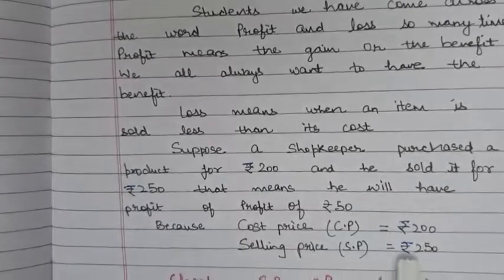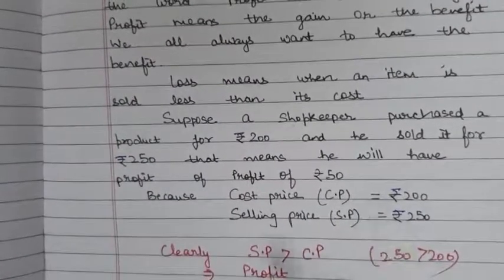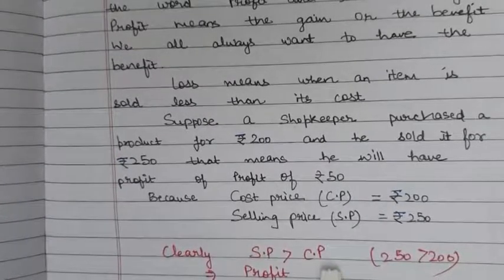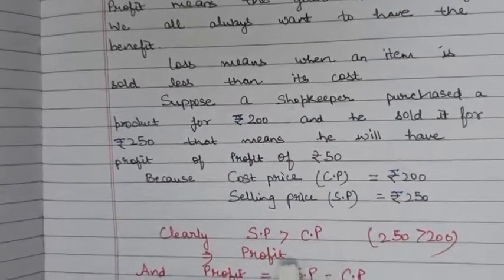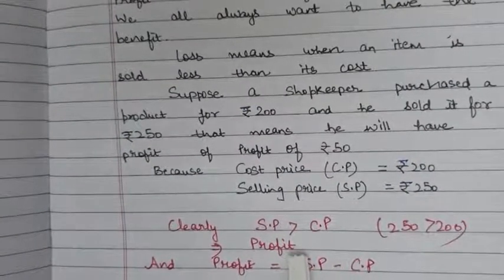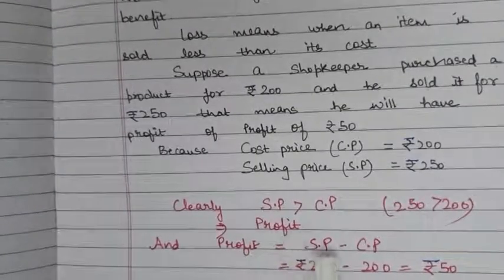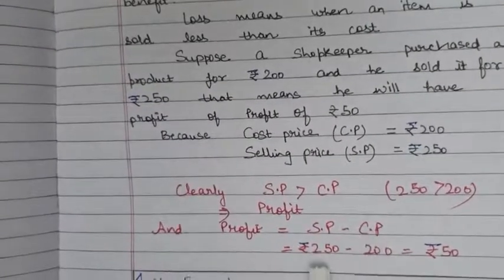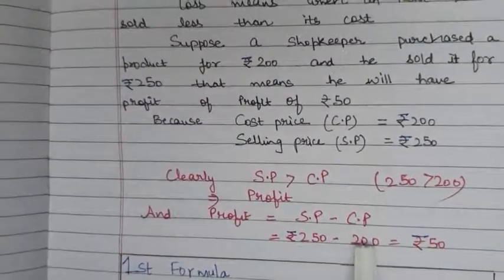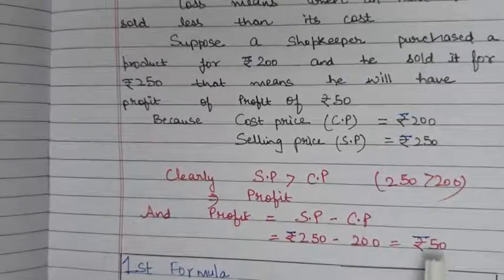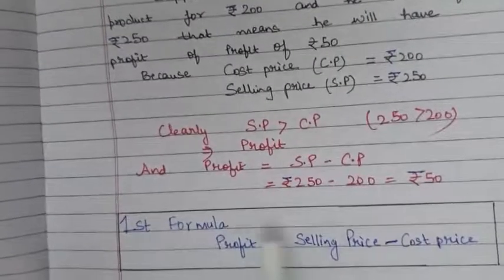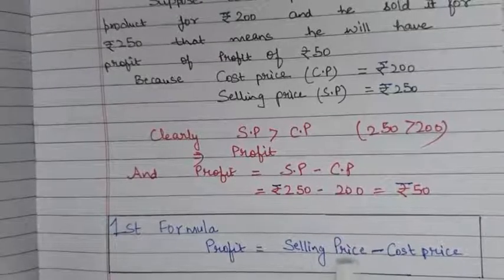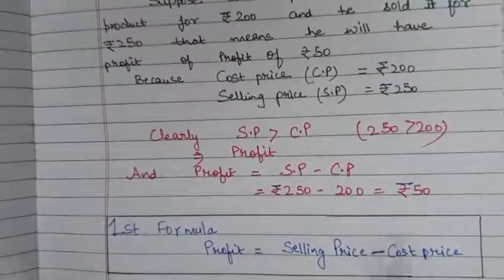Here SP is greater than CP, so we will have profit. Profit will be selling price minus cost price, that is 250 minus 200, which is equal to rupees 50. So the first formula is profit is equal to selling price minus cost price. Clear?